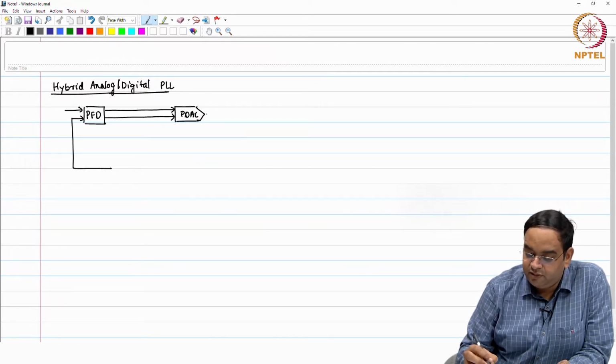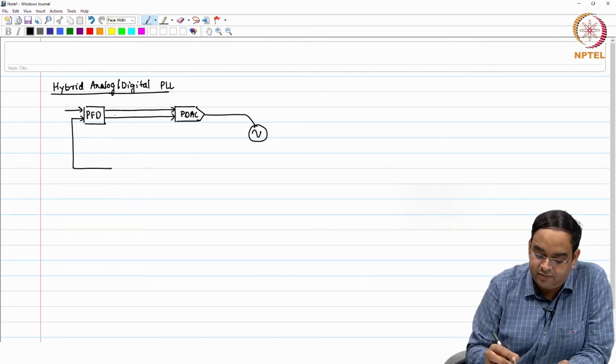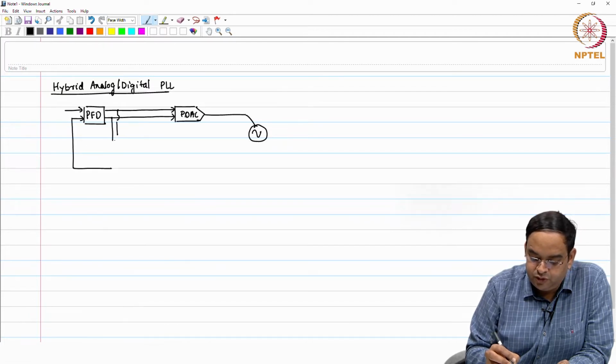The output of the PDAC goes to the oscillator, and I have been using a current controlled oscillator. For example, the output of the PFT also goes to a TDC. Quite often this is a 1-bit TDC.